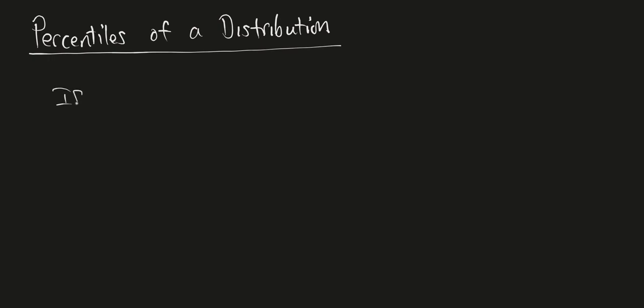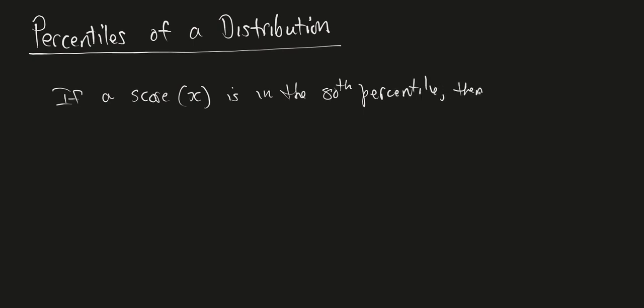So if a score, and that would be like one of our x values, is in the 80th percentile, then this score, the score x, exceeds 80% of all scores, right?